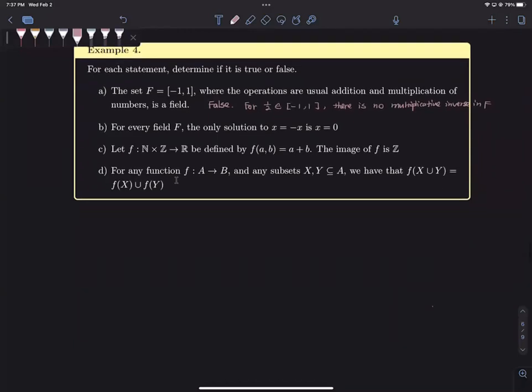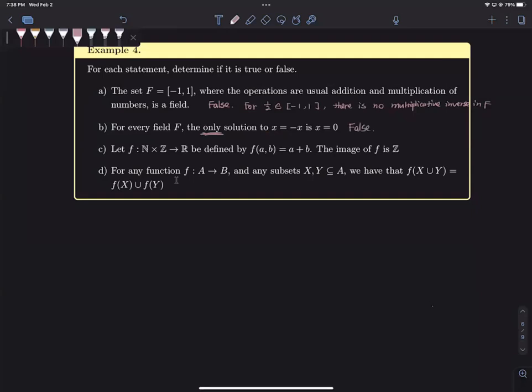Part B: for every field F, the only solution, which means it's unique, okay? It's the only one. The only solution to x equals negative x is x equals 0. True or false? False. Why is it false? What other solution can we have?